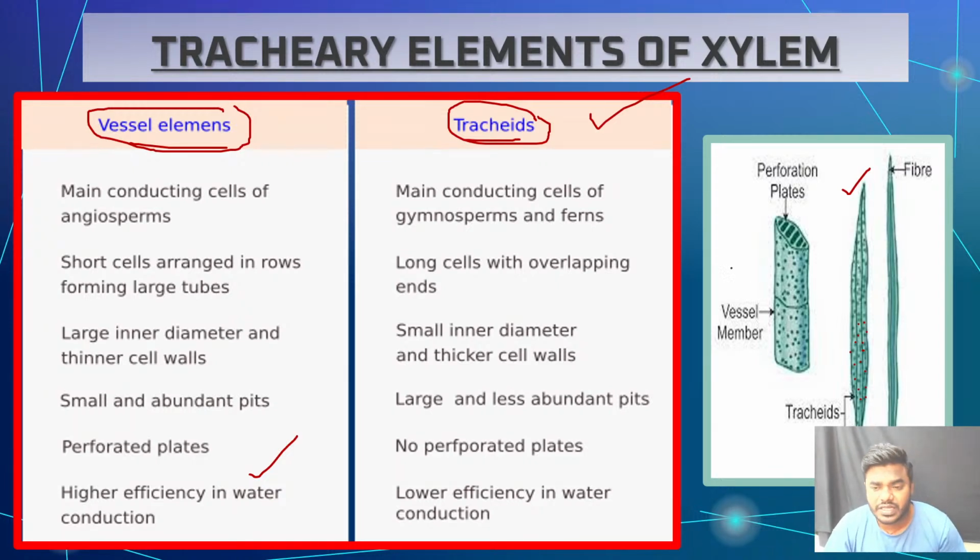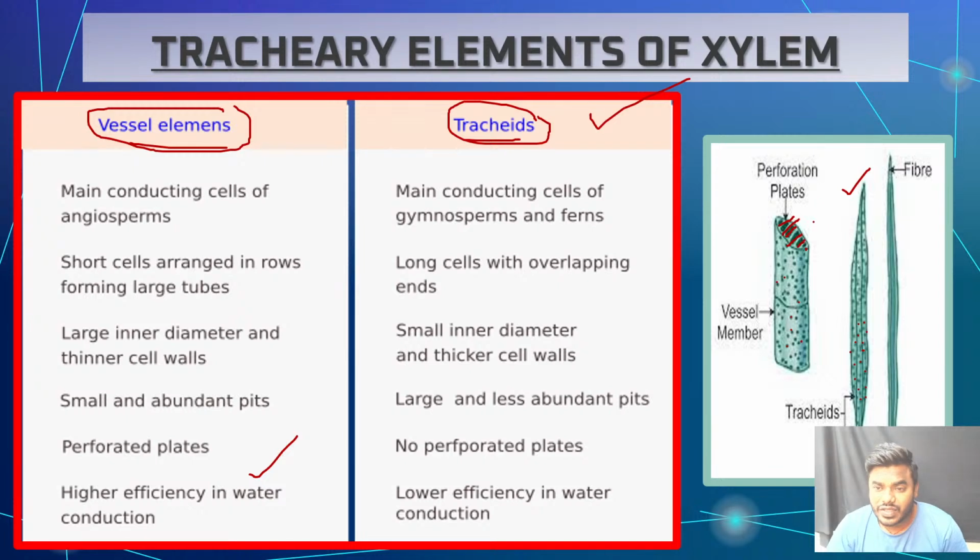But friends, when you look at these vessels, what we discussed, vessels are not elongated, vessels are shorter. Friends, even though vessels are shorter, vessels are wider. And along with the pits and pores, what is the speciality of the vessels, friends? The speciality of the vessels is they have perforated plates.